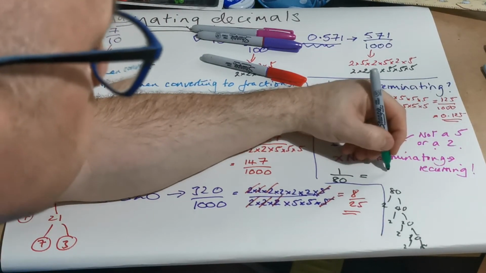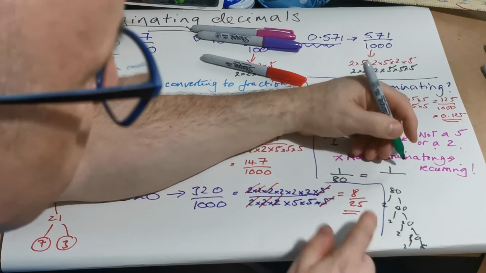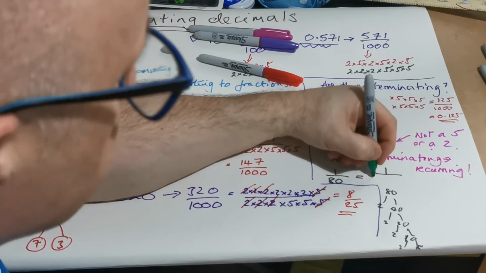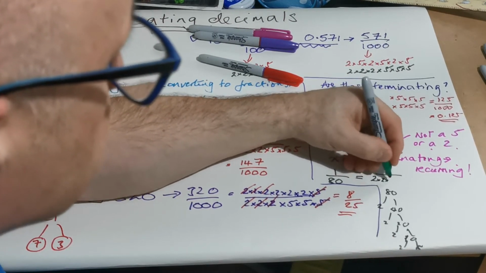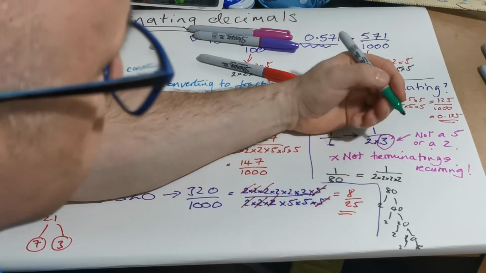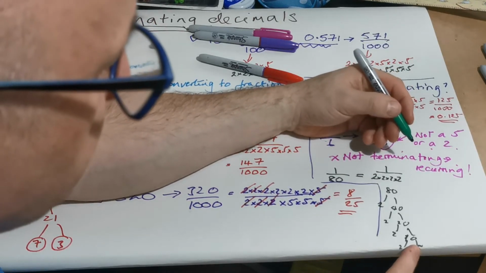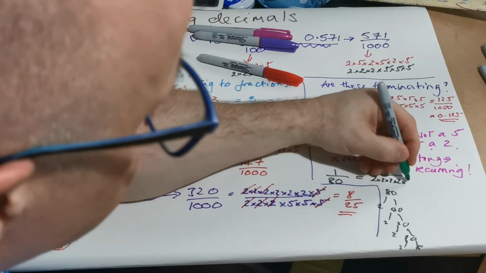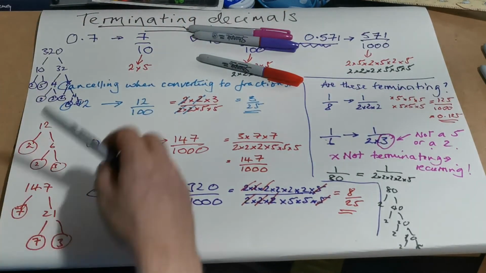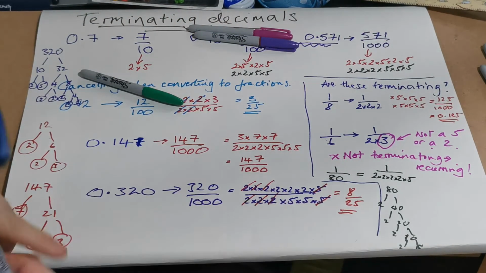I could say that was 1 over, and I've got 1, 2, 3, 4 2's, 2 times 2 times 2 times 2, and then a 5. As long as I've got 2's and 5's, I can make this work.